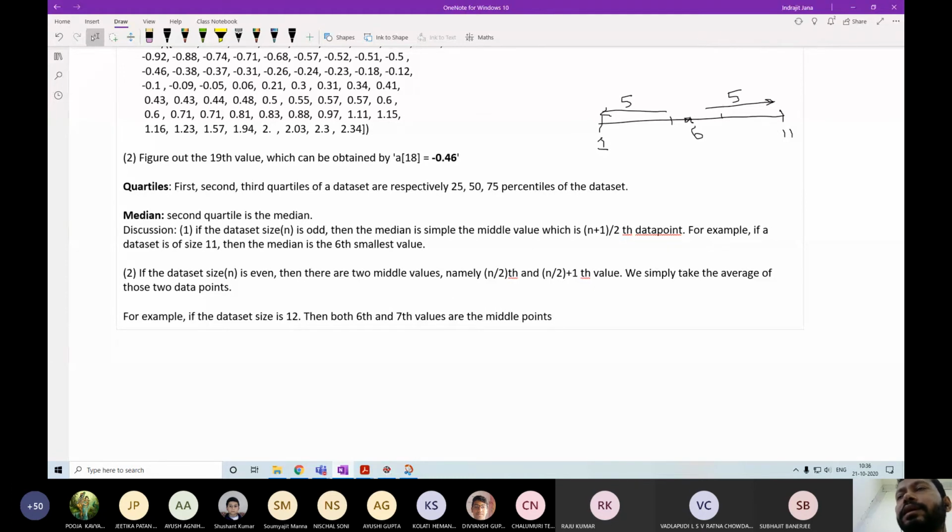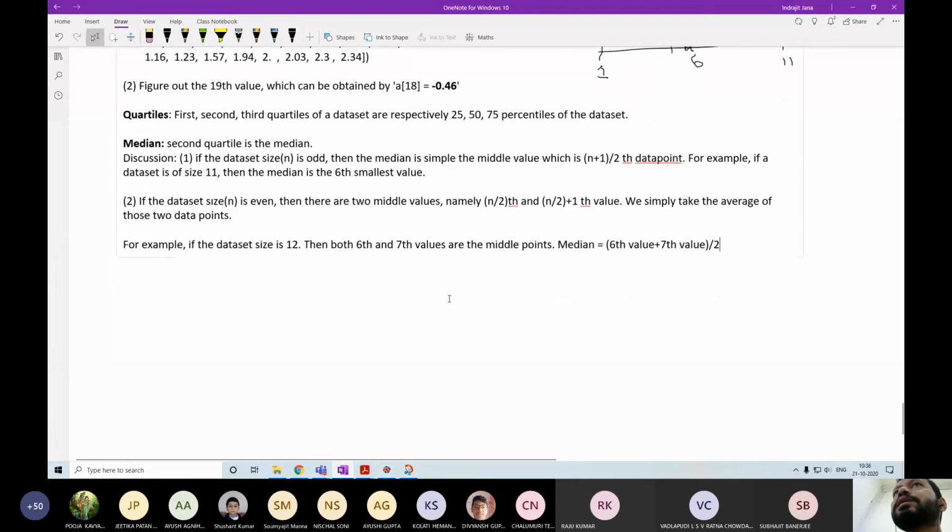And median is going to be equal to the 6th value plus the 7th value divided by 2.